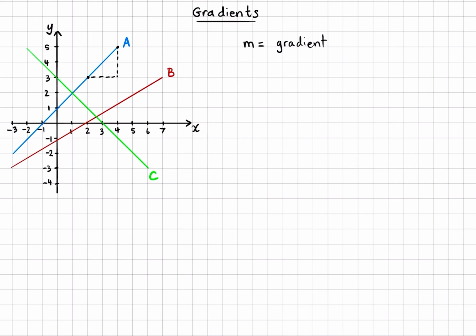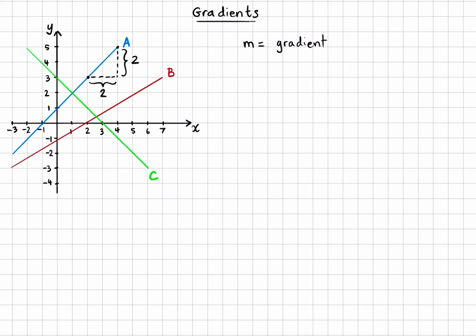Okay, so this is a right angle triangle. And then I'm going to just measure how much the y is, as in the height of this triangle, which is 2. And then measure how much my x is, as in the base, which is also 2.